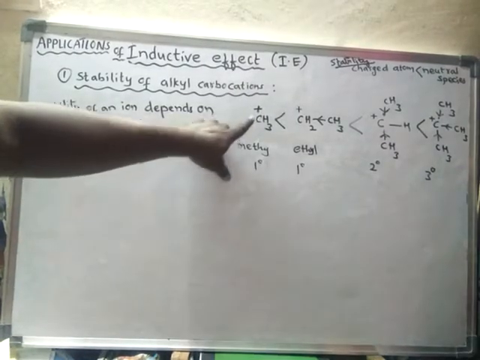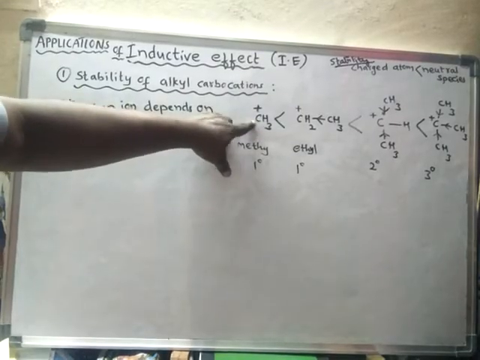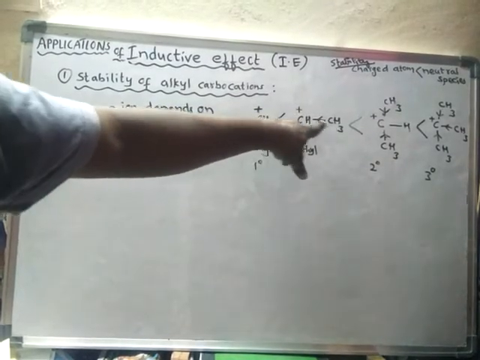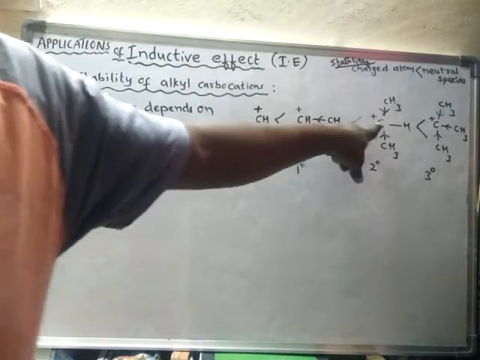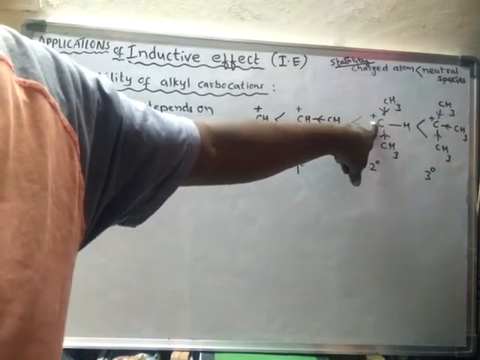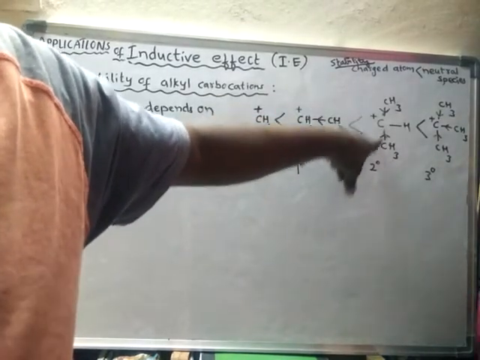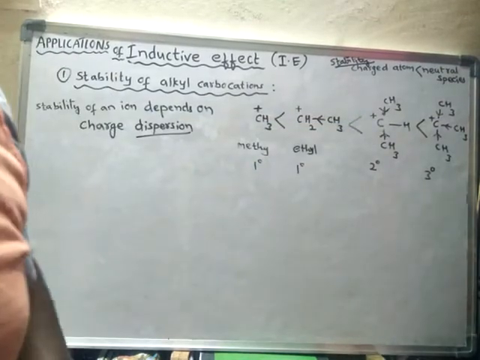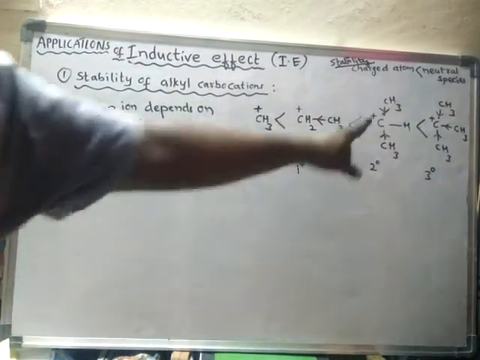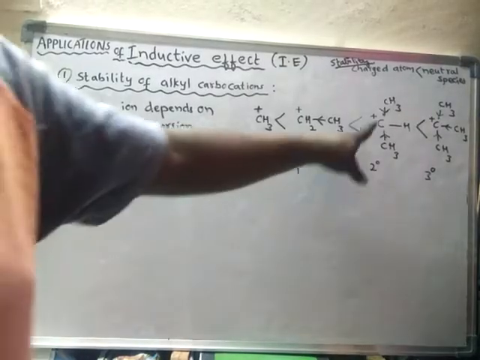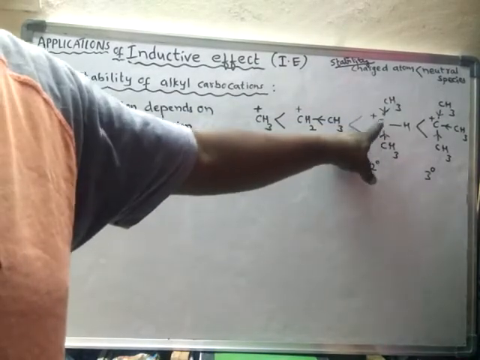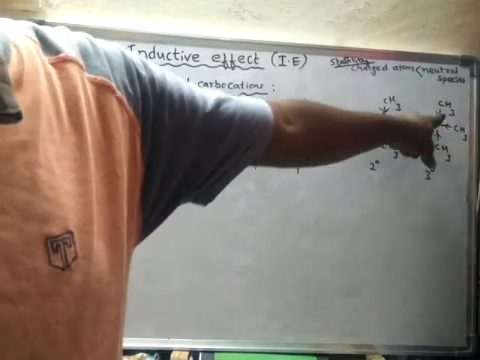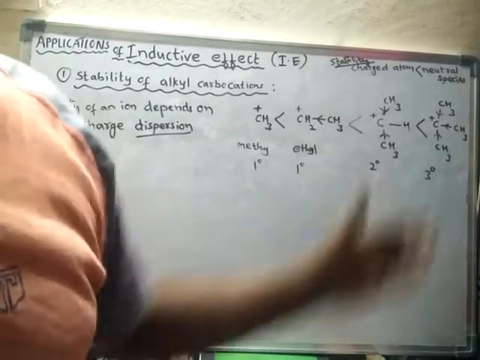Here the charge remains on this carbon only, but here some of the charge is shared by this methyl group. In this case, more charge is shared by the methyl groups, because there are two methyl groups to share the charge. So the charge is dispersed to a greater extent. Here the dispersion of charge increases further.